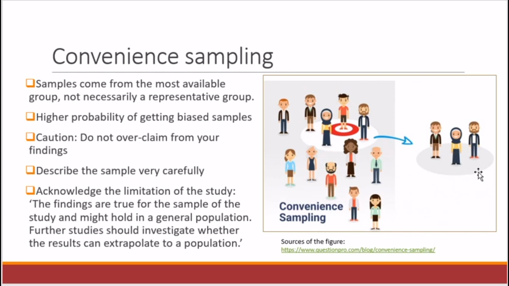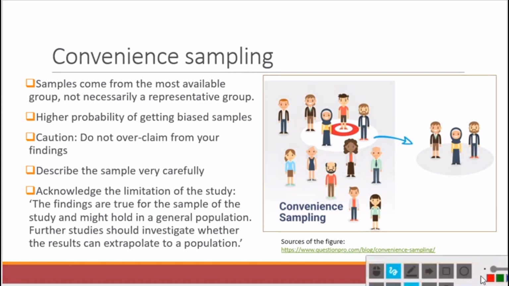Therefore, one of the limitations of this kind of research is a higher probability of getting a biased sample. And therefore we must make sure that we do not overclaim our findings when we have convenience sampling.